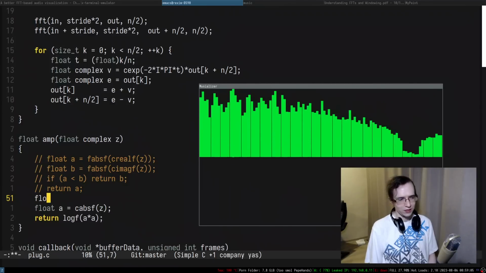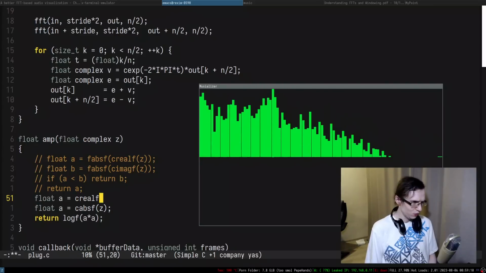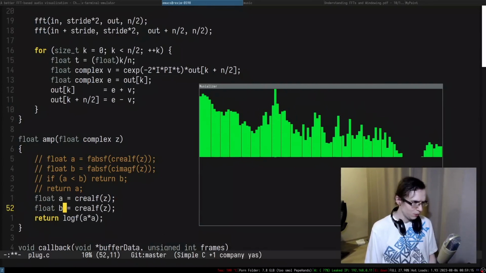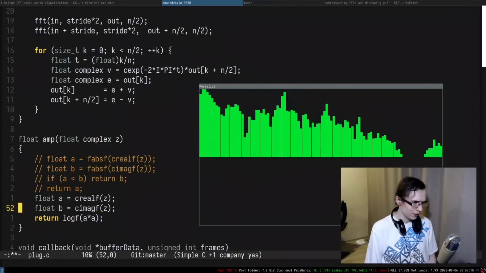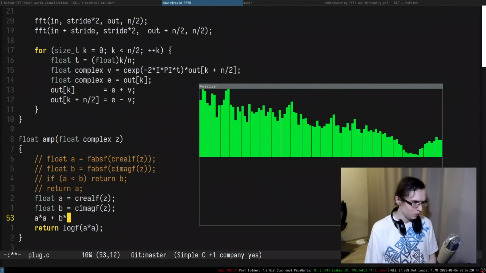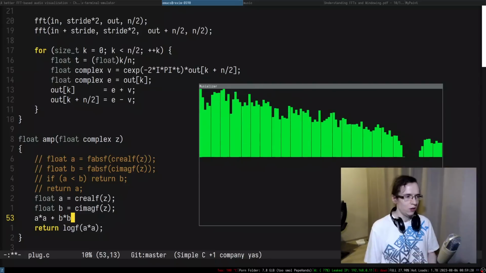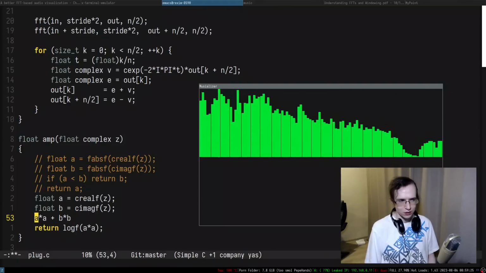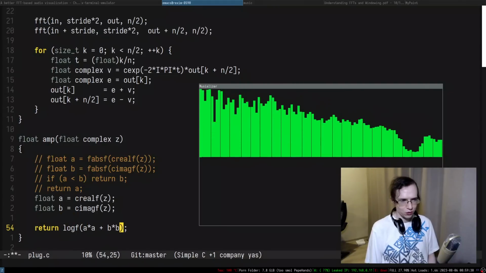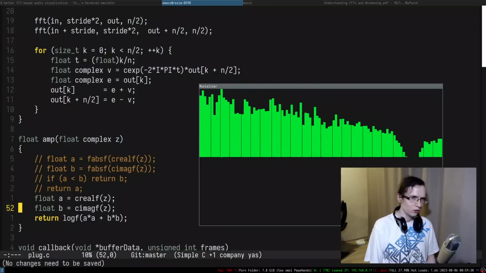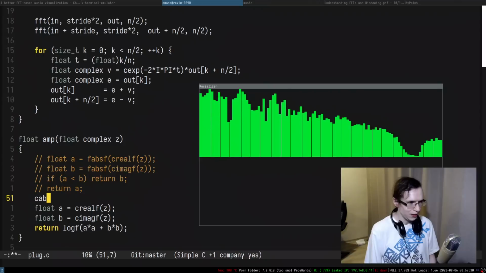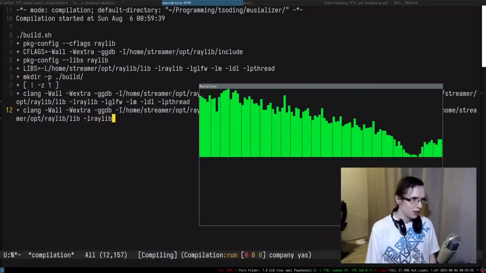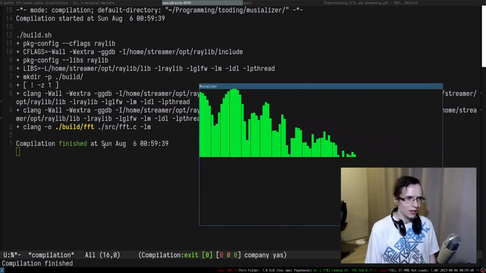We could have just taken the real part of C and the imaginary part, and just done A plus B, and that's already the square of the magnitude, so you can save on calling a square root. But I don't know how exactly cabsf is implemented. Maybe it doesn't really call square root, maybe it's not that expensive. I wonder if that's going to help. No, it didn't really help.